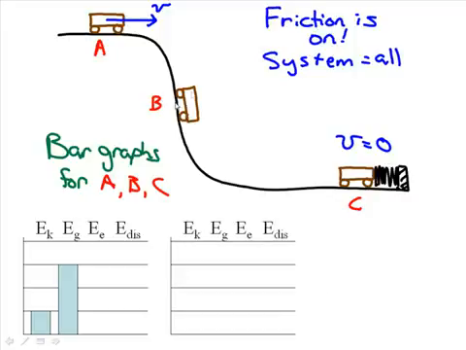So let's go to scene B. In scene B, our cart is halfway down the track, about half as high as it used to be. So because it's half as high, I'm cutting the gravitational potential energy that we had in the beginning in half. So where does that extra gravitational potential energy go? Well, if you've ever rolled down a hill on a roller coaster or on a bicycle, we know that when you go down a hill, you get to go faster. So now we have more kinetic energy as a result of converting that gravitational potential energy.